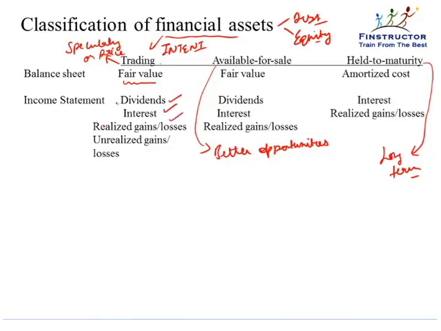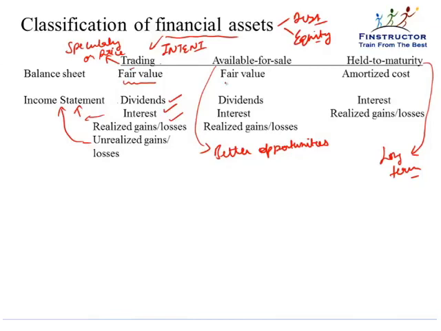Whatever is realized, that is the dividend, interest, realized gains or losses, for all securities are always taken through the income statement. So if it's realized, it will go through the income statement. For trading securities, even unrealized gains and losses are taken through the income statement.